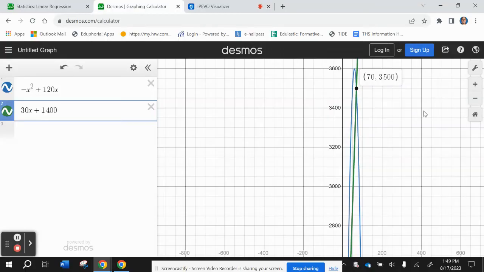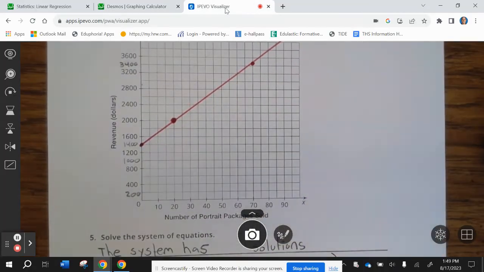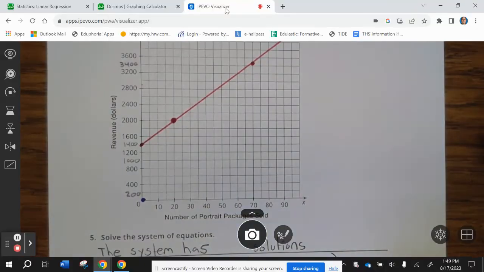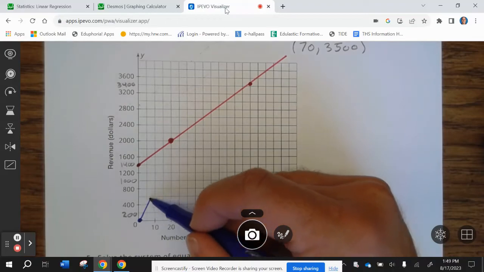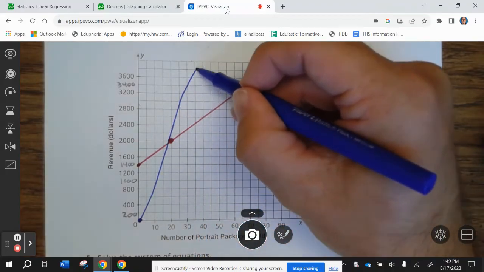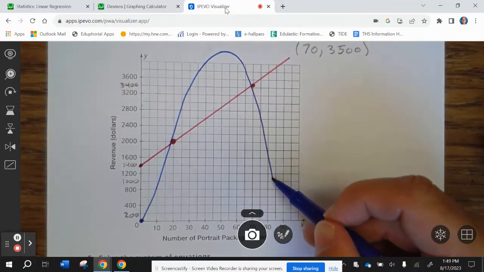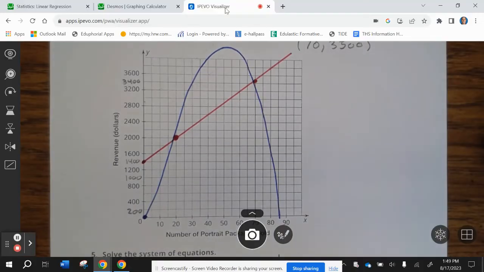And then the parabola, we know 100. Okay. So we can start here. And it's a little stretched, but it goes here, goes up, and then back down, like so. Okay.